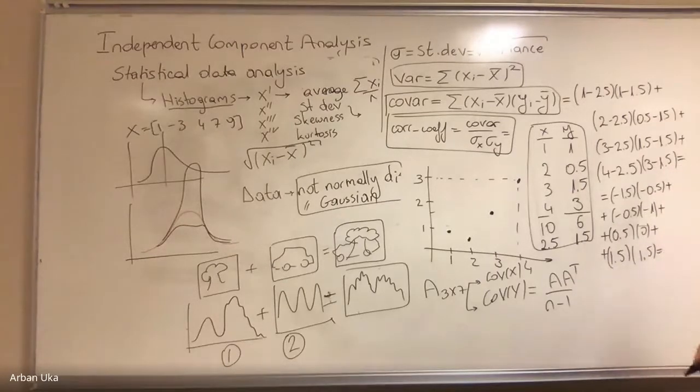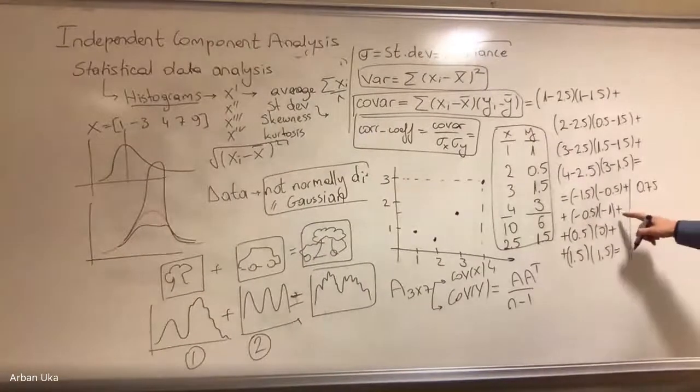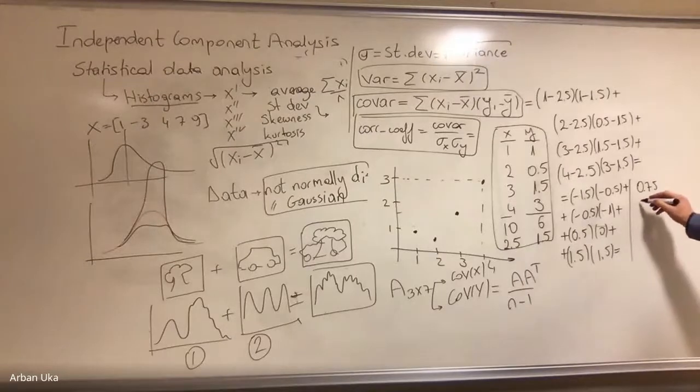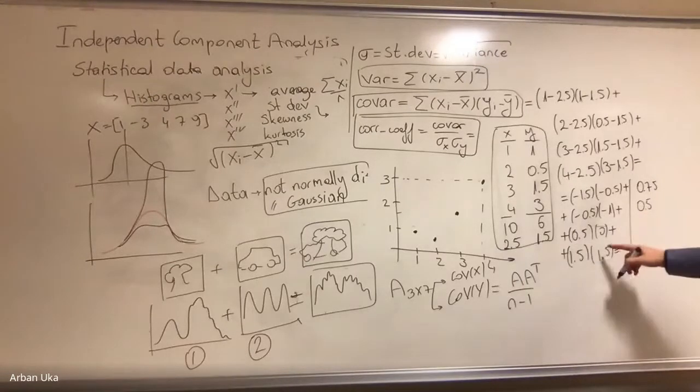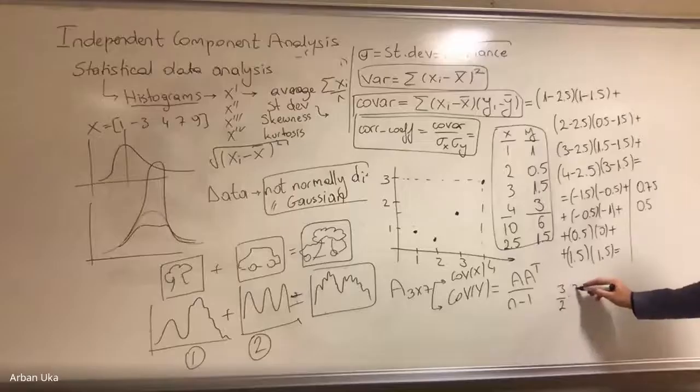So in the end we find a number, this is plus 1.5 divided by 2, this is 0.75, and we need 0.25, plus 0.50, 1.5 times 1.5, we get 3 over 2, 2.25.